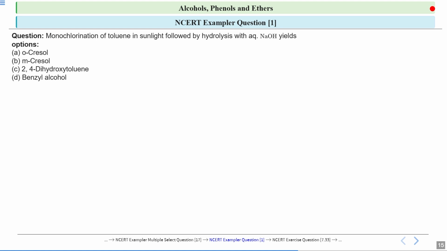And in the next step there is hydrolysis with aqueous NaOH. So 4 options are given: orthocresol, metacresol, 2,4-dihydroxytoluene, and D is benzyl alcohol. Out of this, one will be correct. So you have to write the reaction and then solve it. I'm giving you 30 seconds. You try and then we are going to discuss the solution.